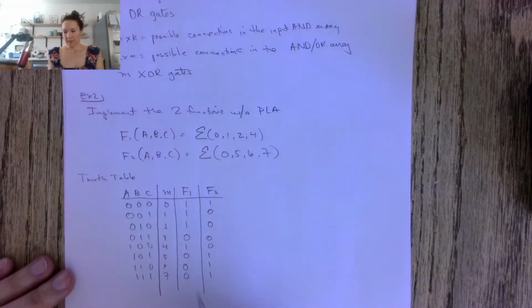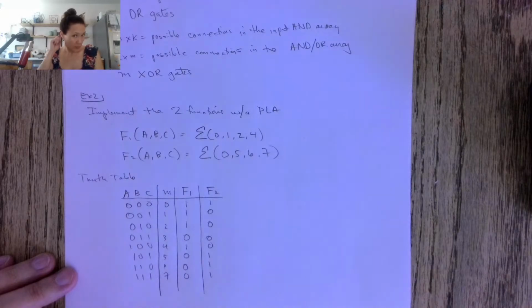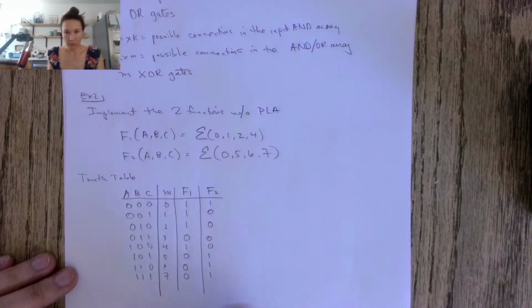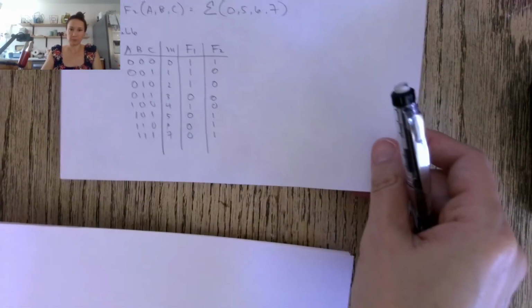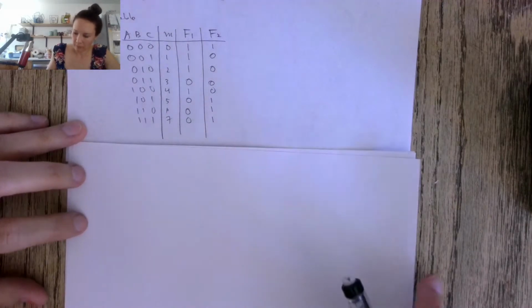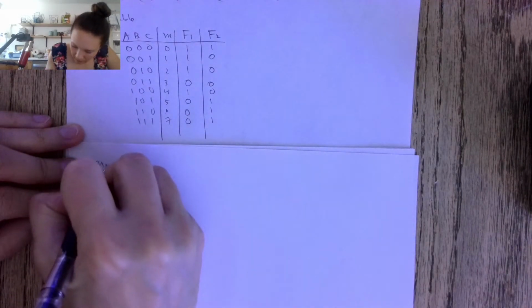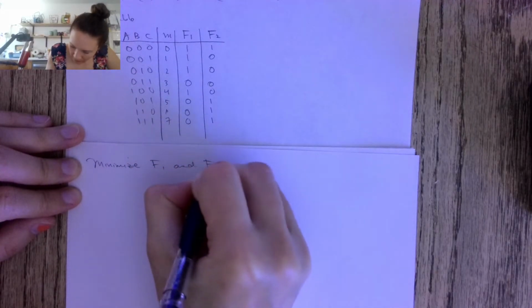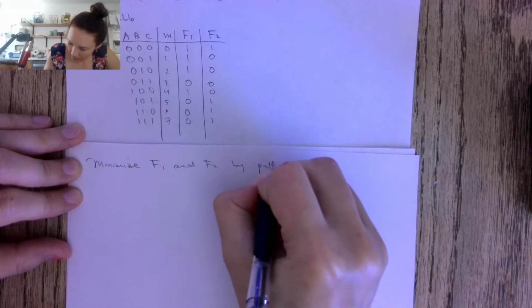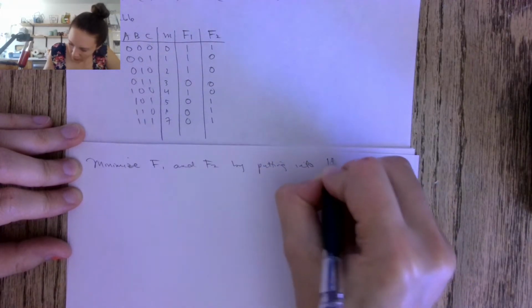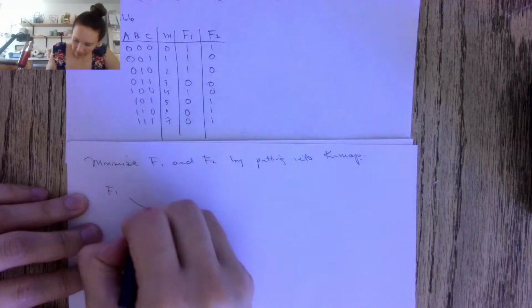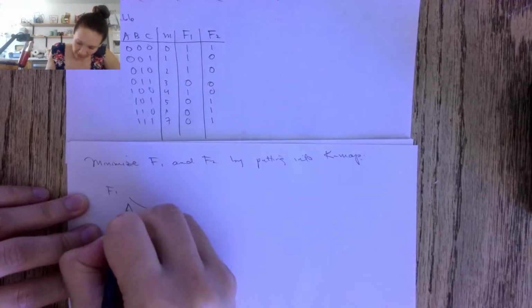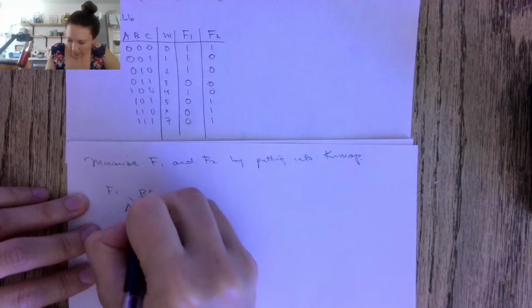Great. So now we can minimize these functions by putting them into K-maps. I'll have two different K-maps, one for each output, F1 and F2. So for my F1 Karnaugh map, I'm going to have my input A on this side, and BC up here.